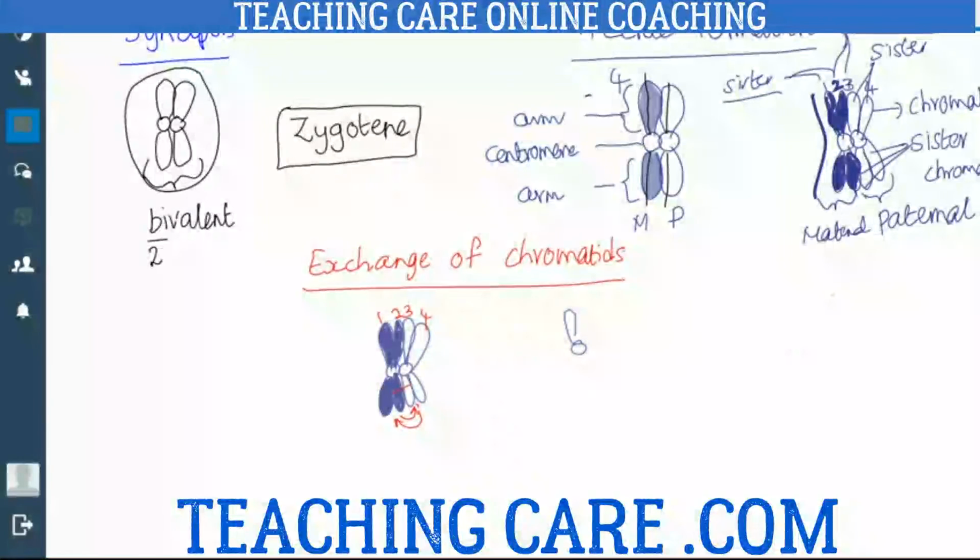So if exchange of chromatids takes place, it looks like this.